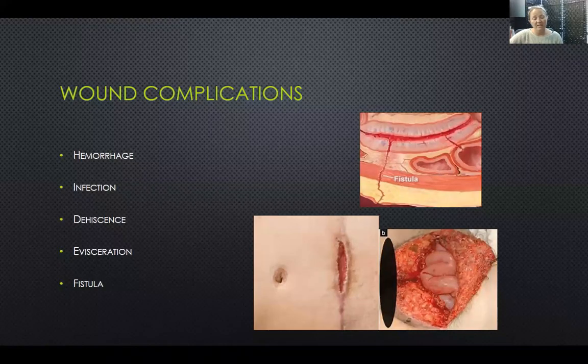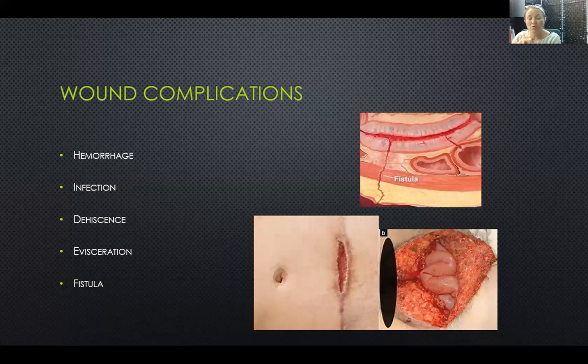Anytime that there's a break in tissue integrity, those wounds are going to be at risk for infection. So which types of wounds do you think will be at a higher risk? Think about if that wound happened due to trauma or in a contaminated area. So an unintentional wound is going to be higher risk for infection.